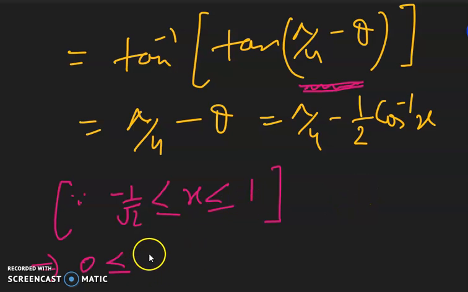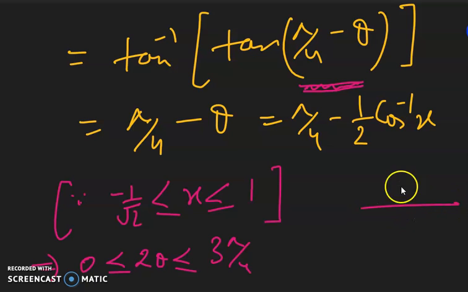So this is 0 less than or equal to 2 theta less than or equal to, where cos is minus 1 by root 2, that is 3 pi by 4. Since the range of cos inverse is 0 to pi, cos is negative in the second quadrant somewhere here. That's why we write 3 pi by 4.